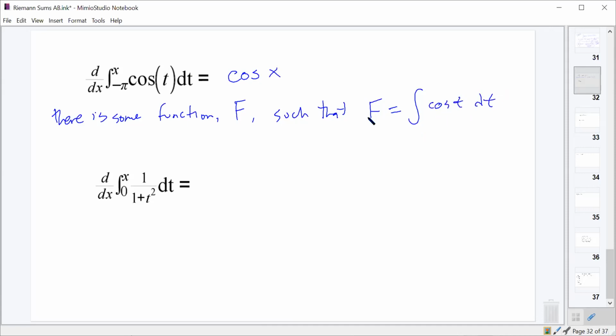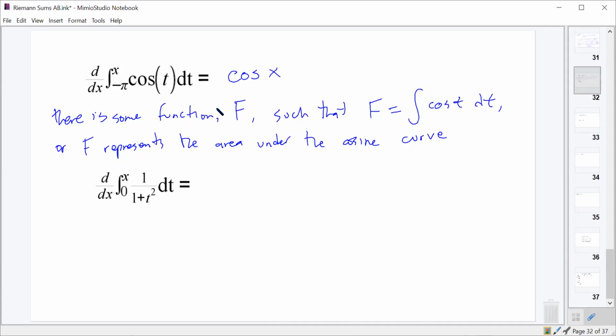So capital F is a function, and capital F represents the area under the cosine curve. Okay. So we're just gonna make up some function, and we could probably figure out what that function is, but we're not going to yet.